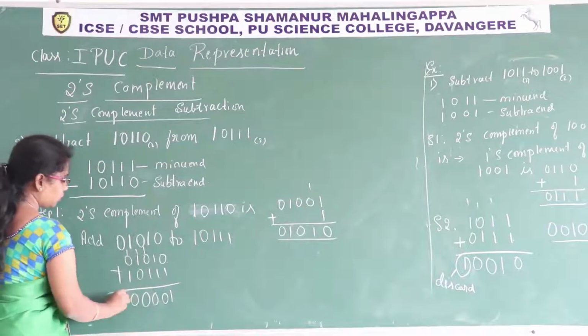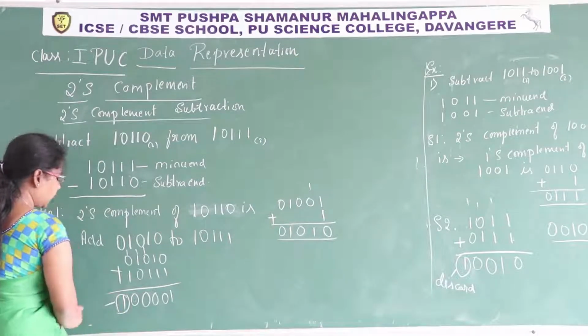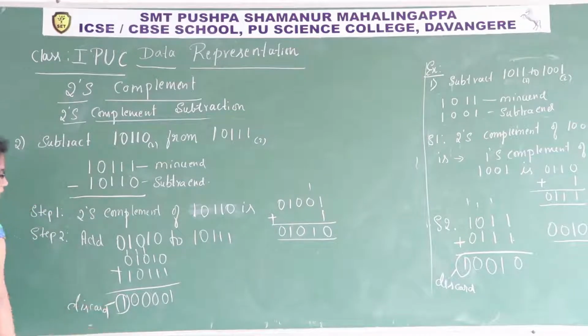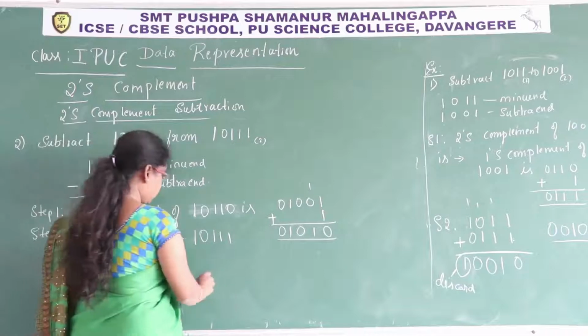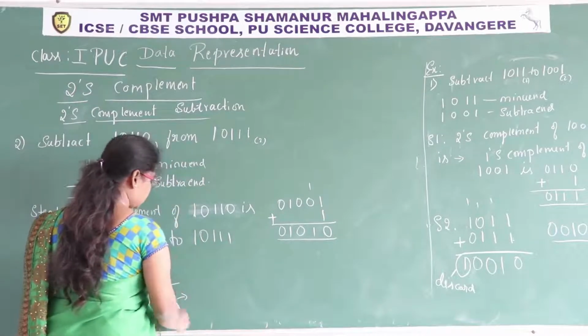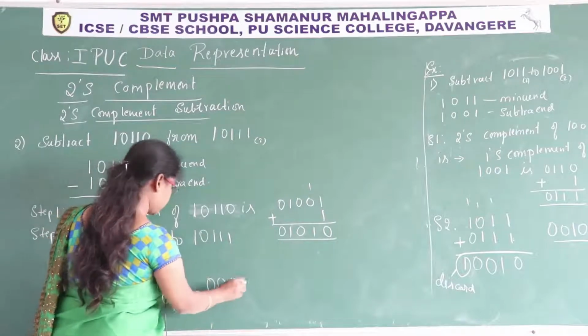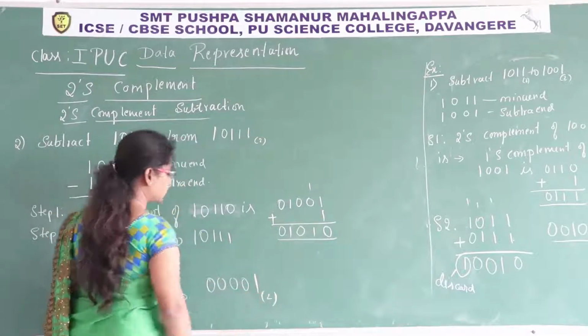Again 1 plus 1 is 0, carry 1. So we should discard this carry. We get 0001, which means 1 itself. So 0001 base 2 is the answer.